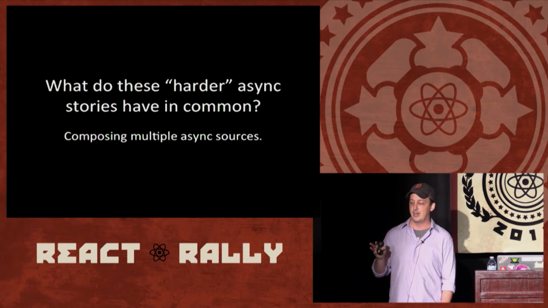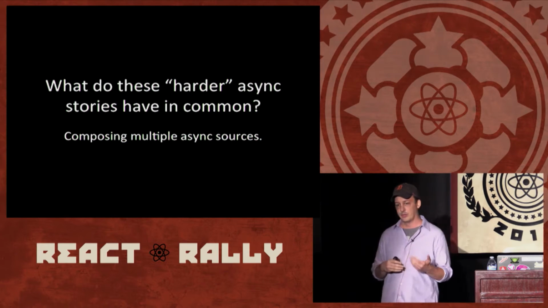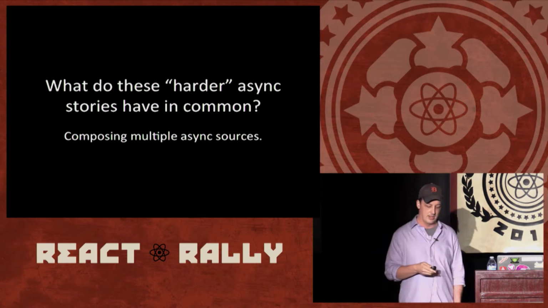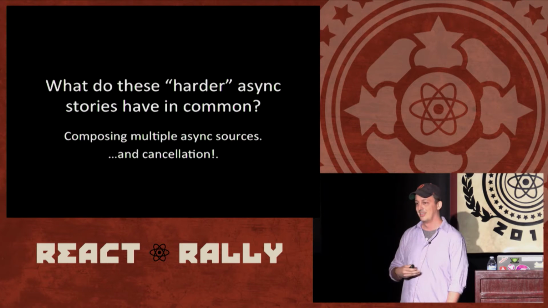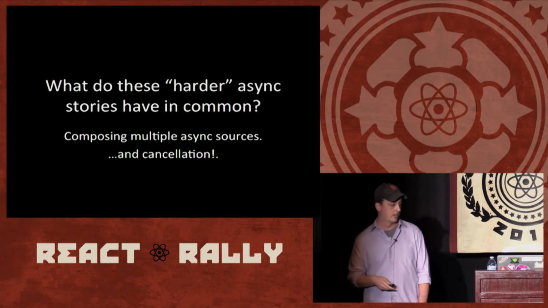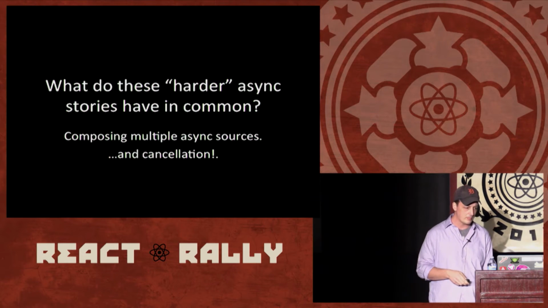And when you hit a mouse up, you're like, OK, I can stop listening to those two, the mouse ups and the mouse movements. Which brings us to the next thing they have in common, which is cancellation. You want to be able to stop your async values from coming in. So those are common amongst all those other examples I just showed you.